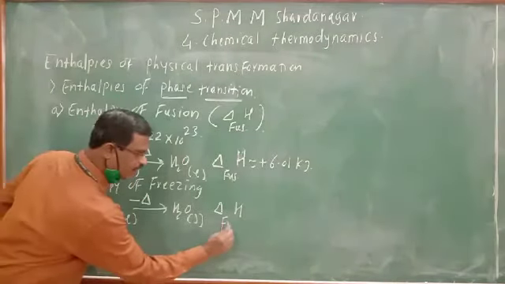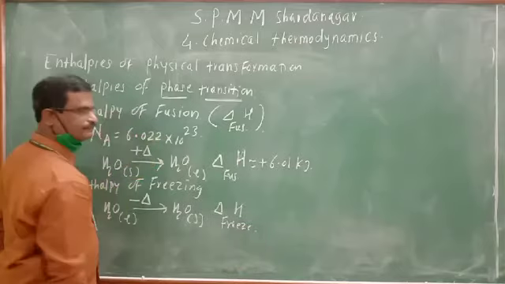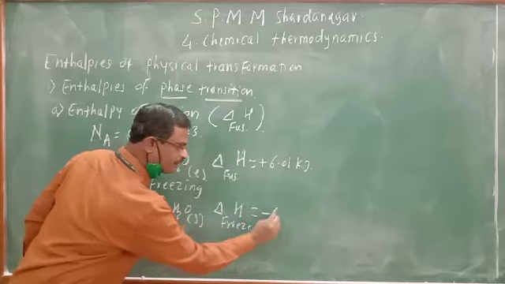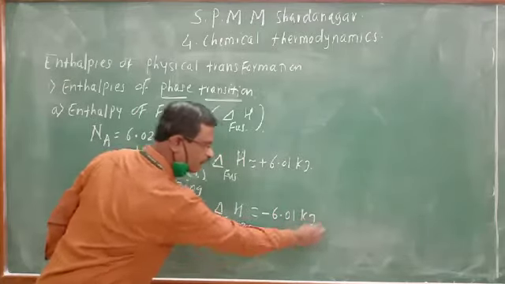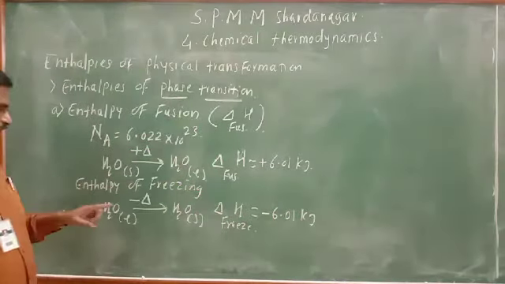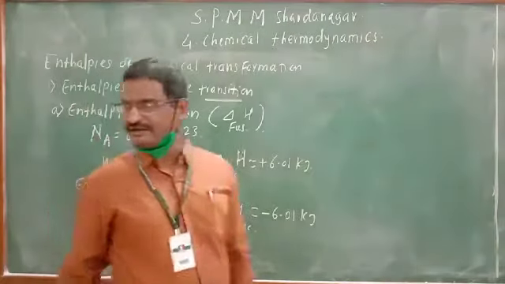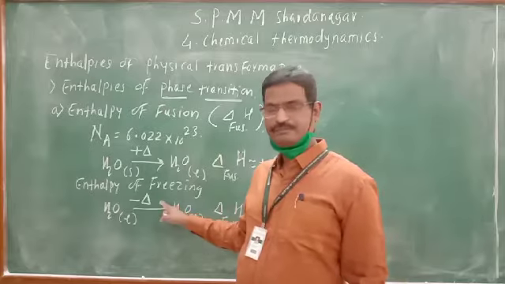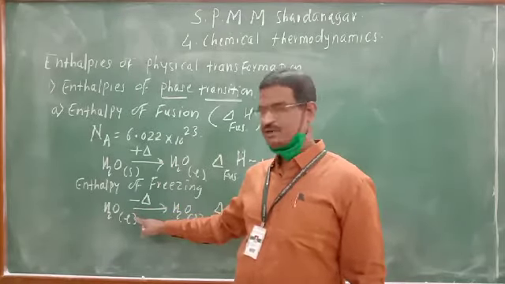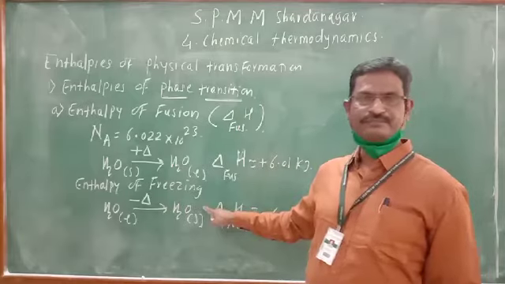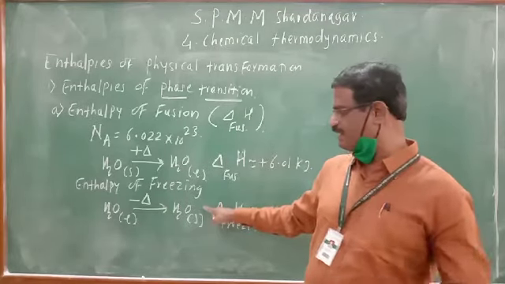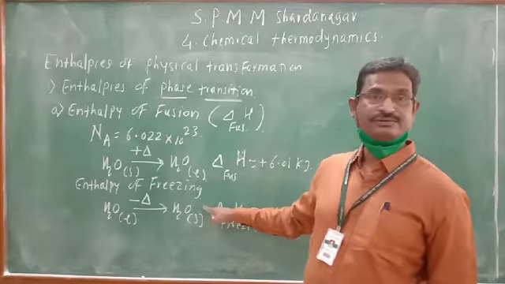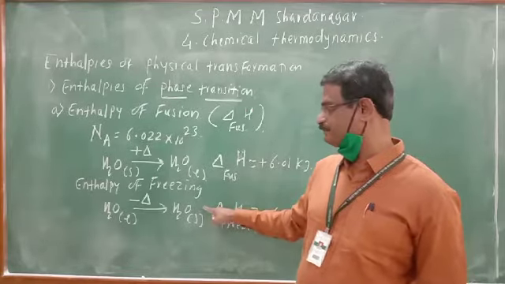Since this is positive, now this will be negative, minus 6.01 kilojoule. So what is the enthalpy of freezing? It is defined as the enthalpy change whenever 1 mole of liquid is converted to 1 mole of solid at constant temperature and pressure.